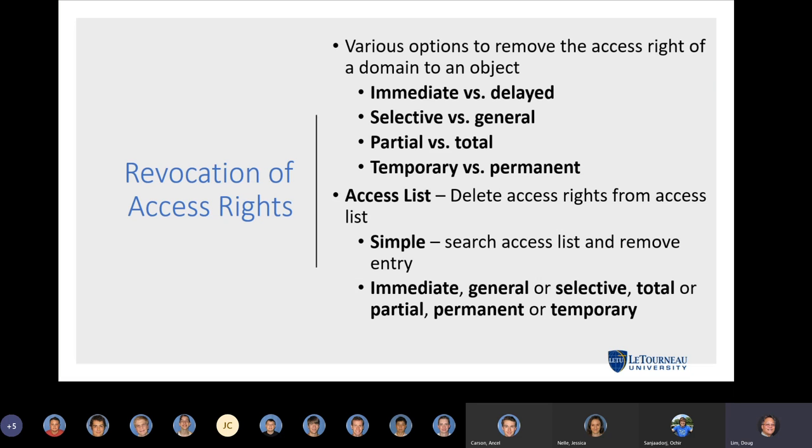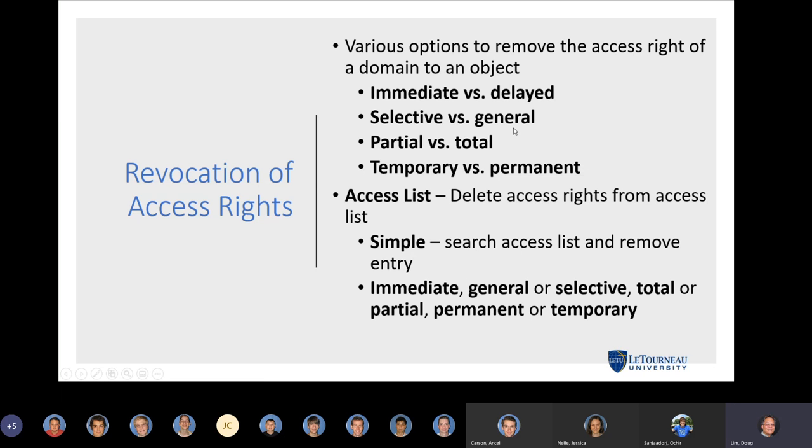So, revocation of access rights. There are various options for removing access rights. They can be immediate or delayed. They could be put on a queue, and we say, okay, we will get to it, or you could have some kind of background process that's processing the revocation. It can be selective versus general.